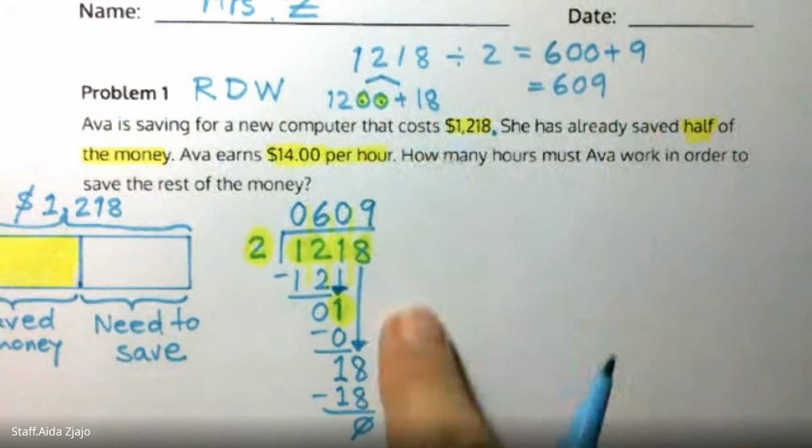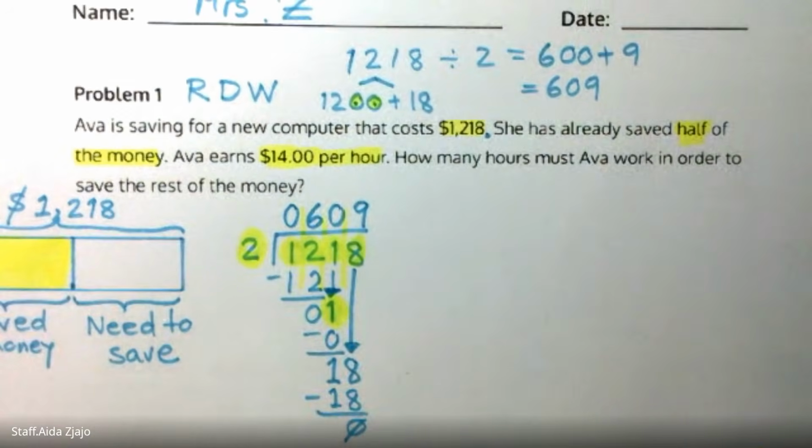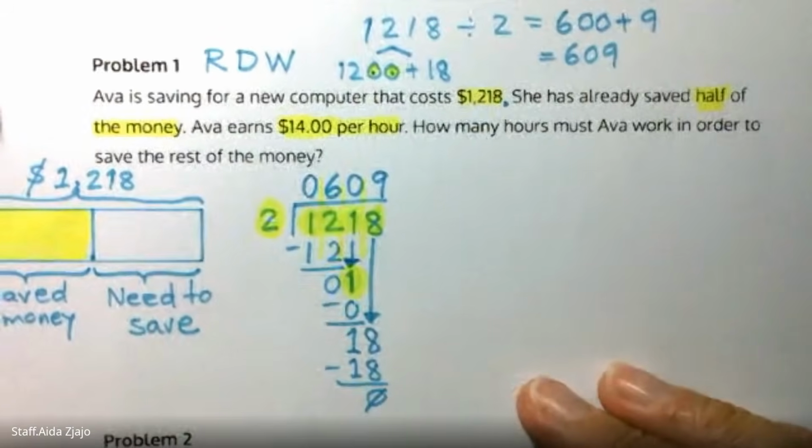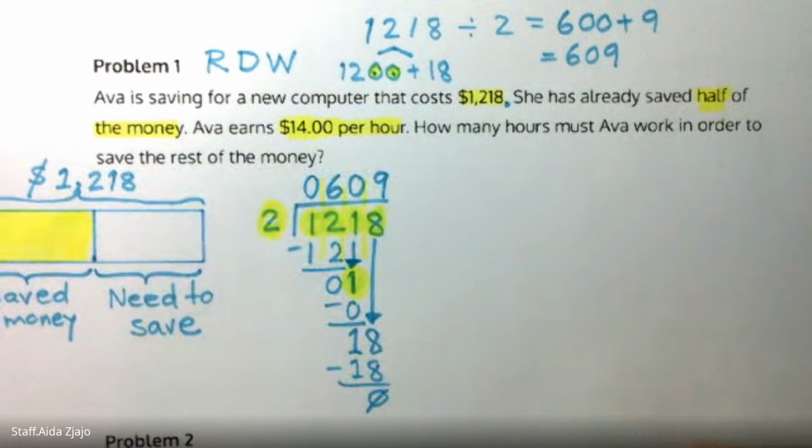That's the same, but it's a shorter version, if the numbers are compatible so you can decompose and easily divide.